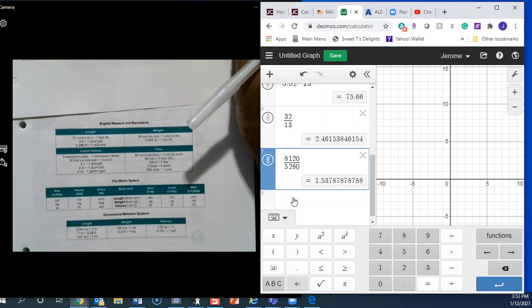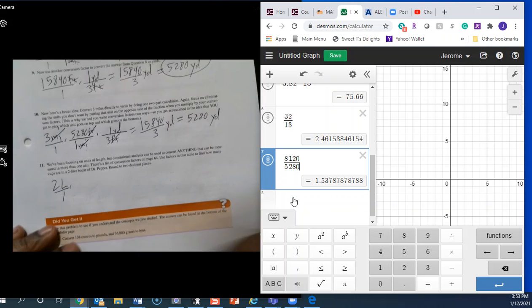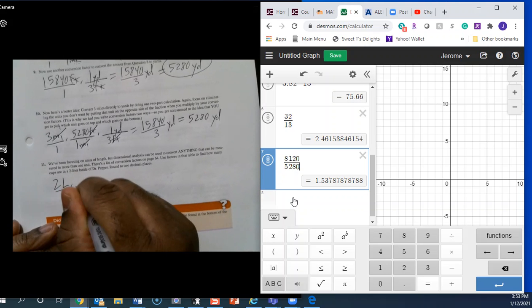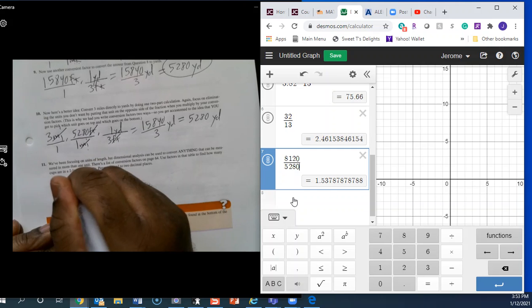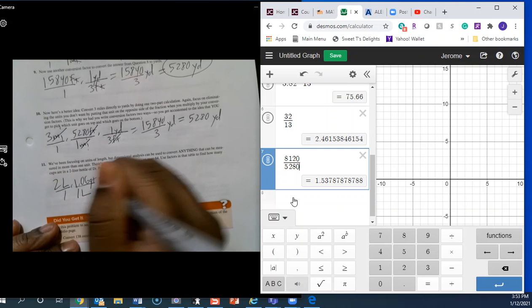So we had 2 liters, and the only thing that we have here in volume with liters is gallons and quarts. Now we don't need gallons because we want to go to cups. So the first thing we should do is convert the liters to quarts. So now it'll be 1 liter is equal to 1.06 quarts.